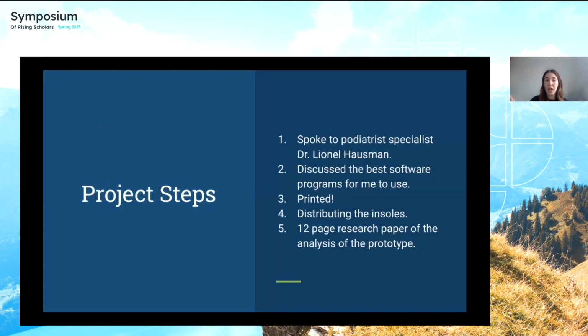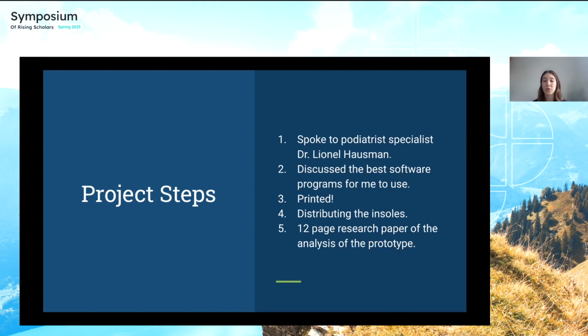For my project steps, I was able to reach out to a podiatrist specialist named Dr. Lionel Hausman. He helped me steer in the right direction with finding software programs and understanding the inner workings of cerebral palsy insoles. With my mentor at Polygence, we discussed the software program options I was provided with, and we decided which one was best for me, which was Fusion 360.